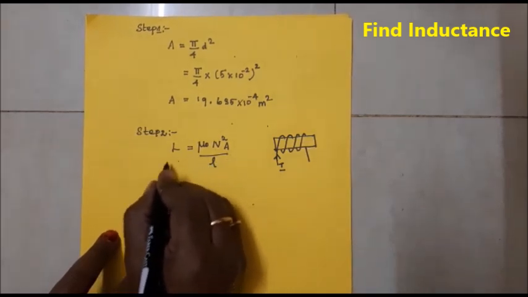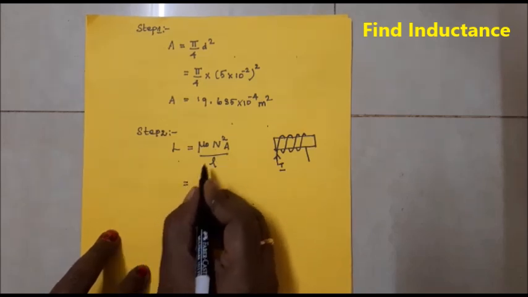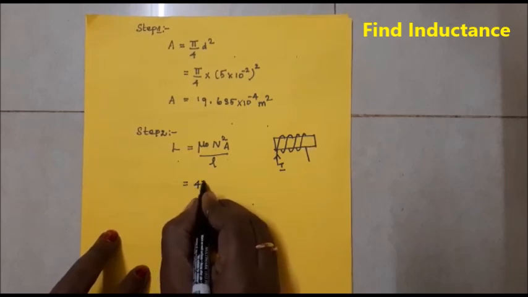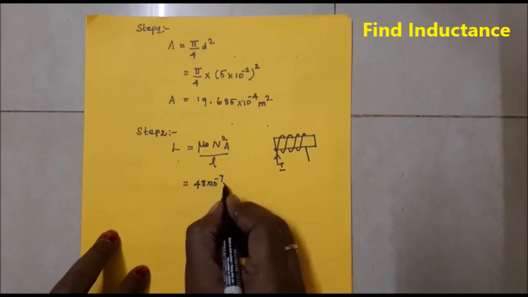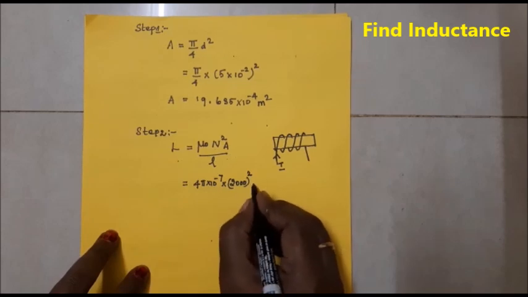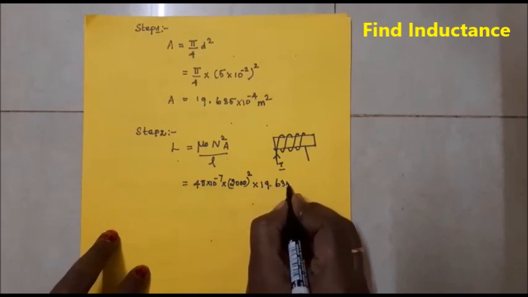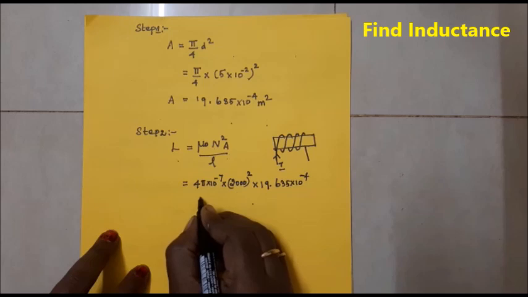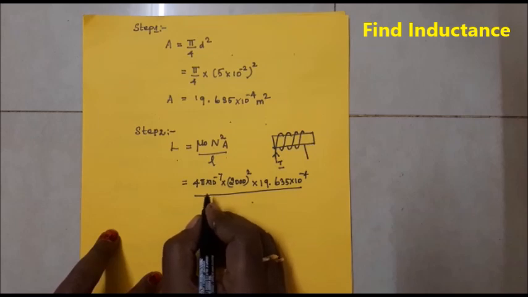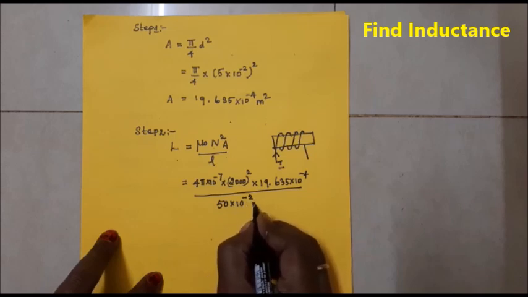So now we have the formula for calculating the inductance, given by mu naught N square A by L. Now we are substituting all the values in this expression, where mu naught is the absolute permeability, whose value is 4 pi into 10 power minus 7. And N square, where N is 2000, and A we have already found in step 1, 19.635 into 10 power minus 4, divided by L, where L is the length of the solenoid, given by 50 into 10 power minus 2 meter.